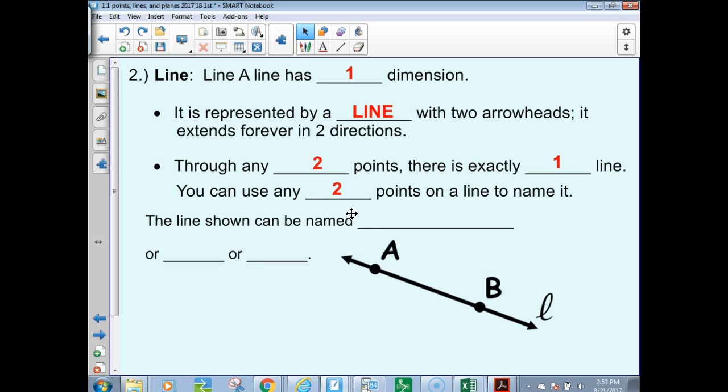The line shown can be named line L. When you use the word line, you're using this italicized letter towards one end of the line that's drawn, and it's not a point on the line.